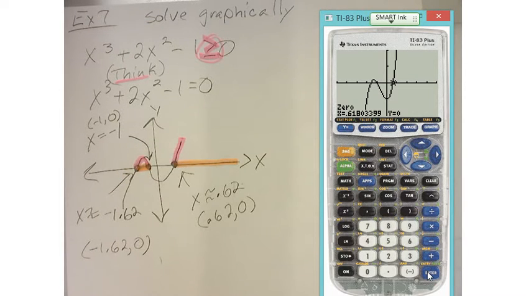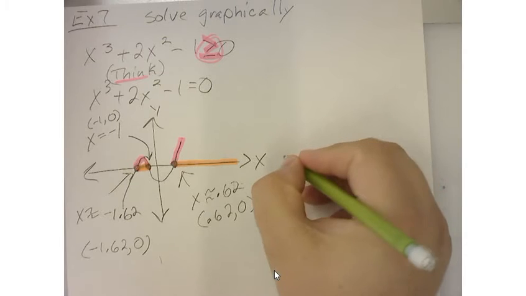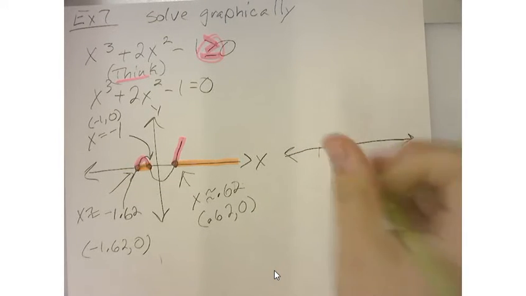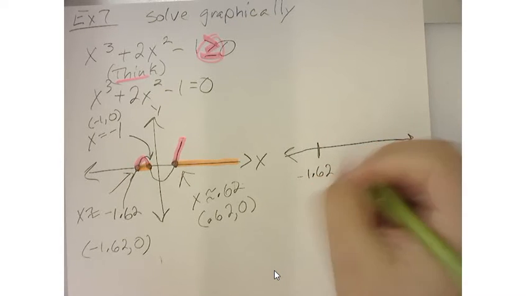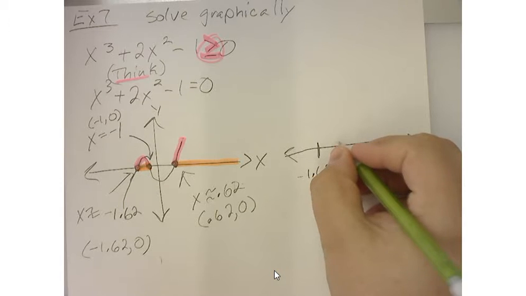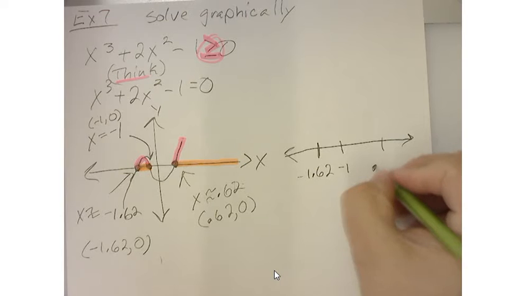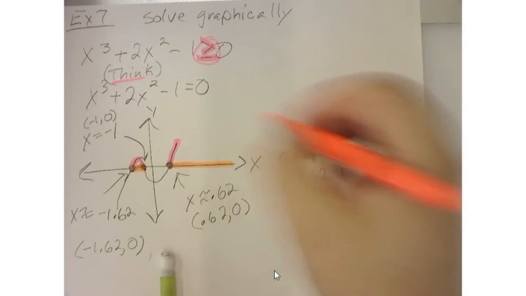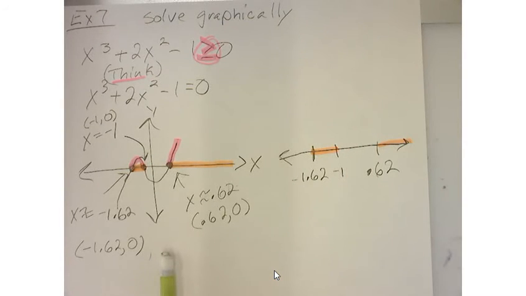Now this one's a little trickier to write out. If I draw only the x-axis over here on the side, I have three points: negative 1.62, negative 1, and 0.62. What I'm really interested in are this boundary here and this boundary. How do I write that?